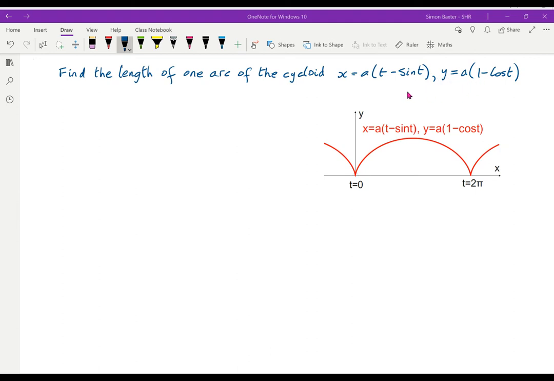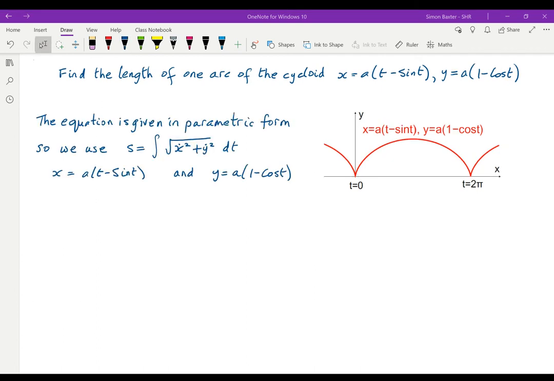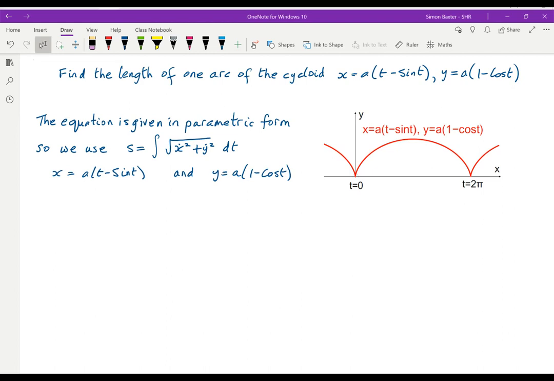Here we're given our equation in parametric terms, so we need to use s equals the integral of the square root of x dot squared plus y dot squared. x equals a(t minus sine t), so dx by dt, or x dot, is going to be equal to a(1 minus cos t), and y is equal to a(1 minus cos t), and so y dot, or dy by dt, is going to be a sine t.